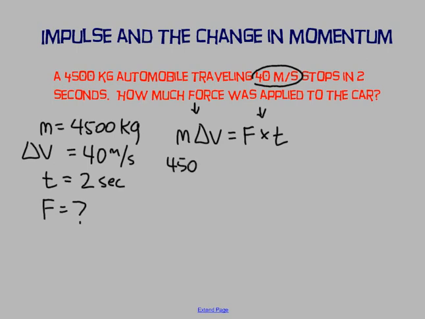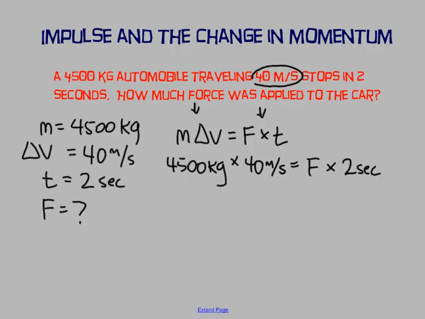Well, let's start filling them in. The m is 4,500 kilograms. The delta v is 40 meters per second. That's going to be equal to the impulse, where the force is what we're looking for, so we're going to leave it as F. And the time was 2 seconds.